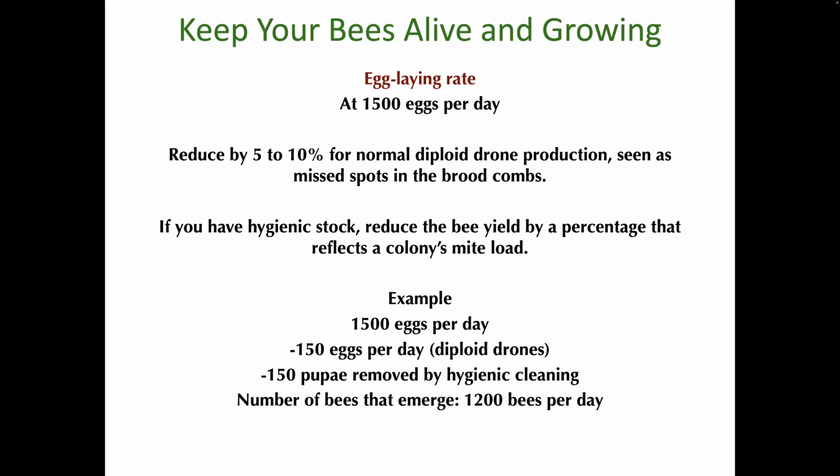At 1,500 eggs per day, you have to reduce the total number somewhere between 5 and 10% for what we call normal diploid drone production. You rarely see a frame of sealed brood that doesn't have some mixed spots.